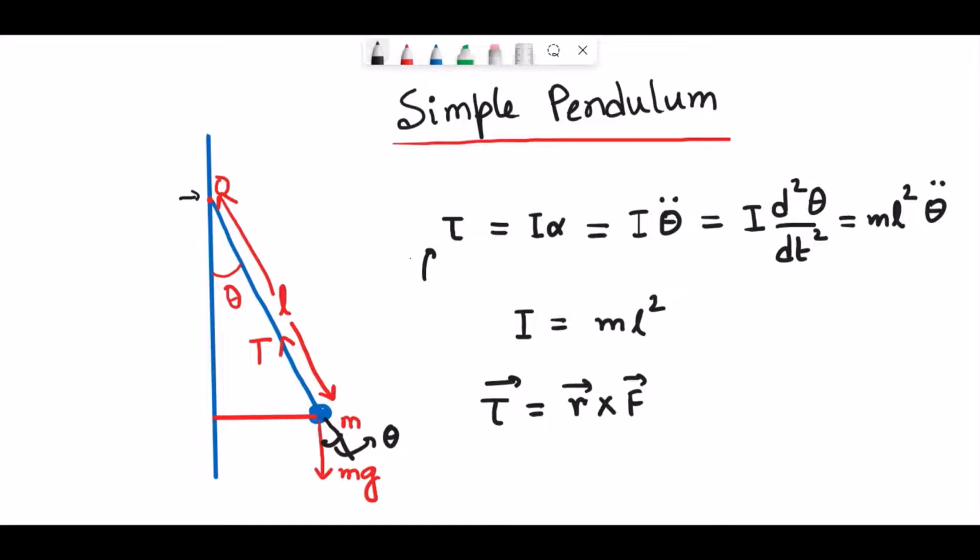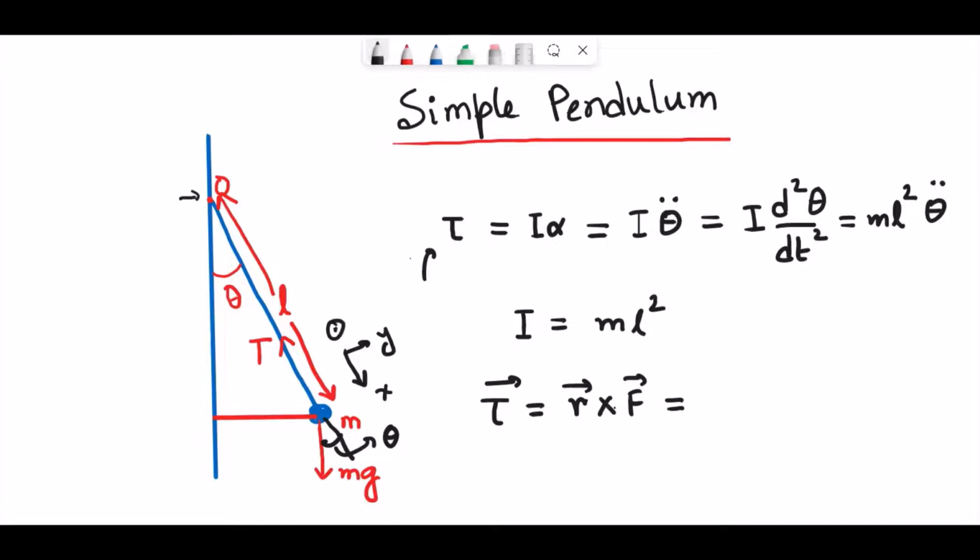Apart from that, r is given by a vector which points in this direction. So let this be our x direction, and this our y direction. By the right-hand rule, our z direction will be out of the page. That is the right-handed system we are following.